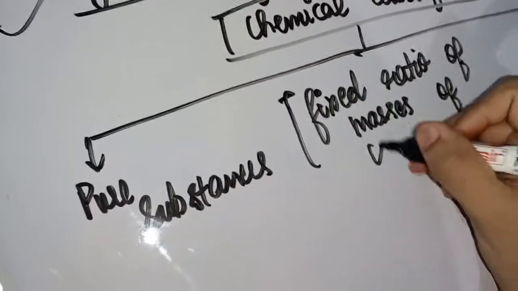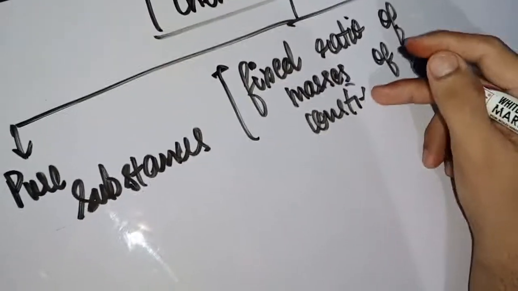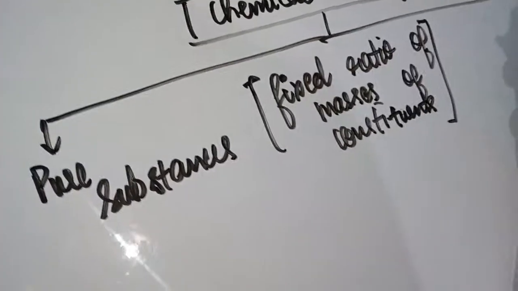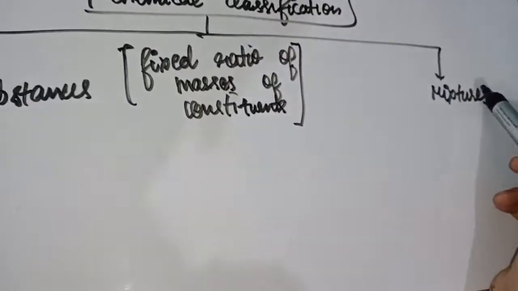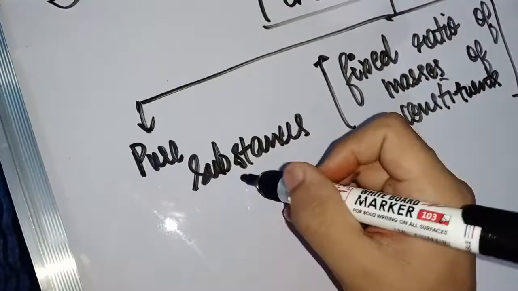I'm just writing the statement now. When I complete the classification, I'll explain it to you with an example, and you'd be able to understand it better at that point of time. And the ratio of masses of constituents is not fixed in the case of mixtures. I'm not writing it, it's vice versa, obviously, by common sense.